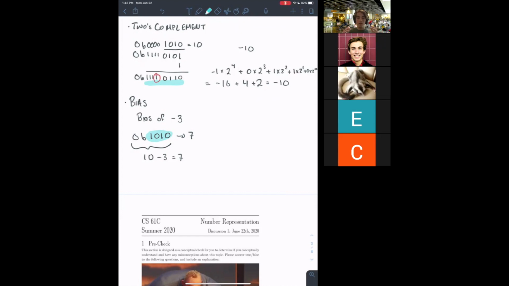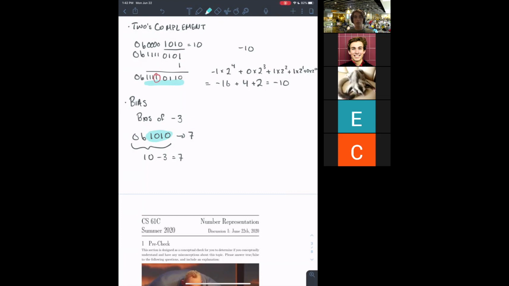But when we add a bias, it's saying that all unsigned representations are now seen as that representation plus the bias. So in whatever application this number is being used, 1010 is treated as 7 because we have a bias of -3. Cool.